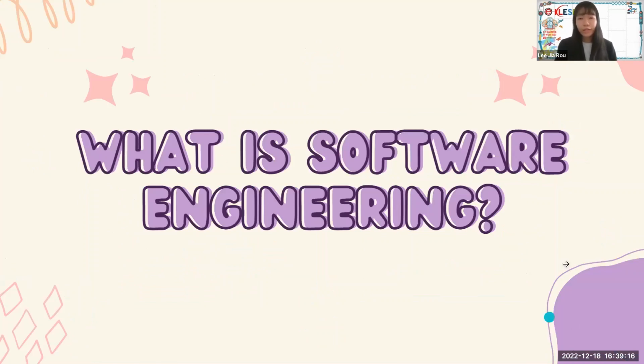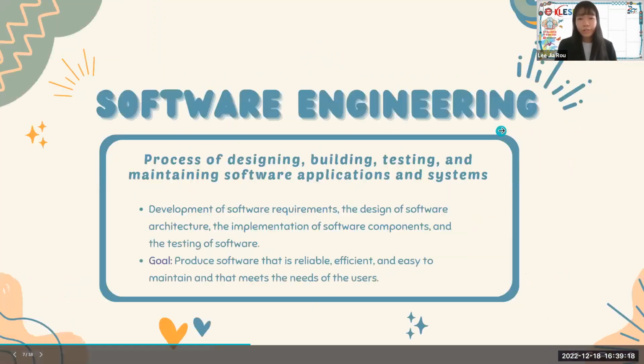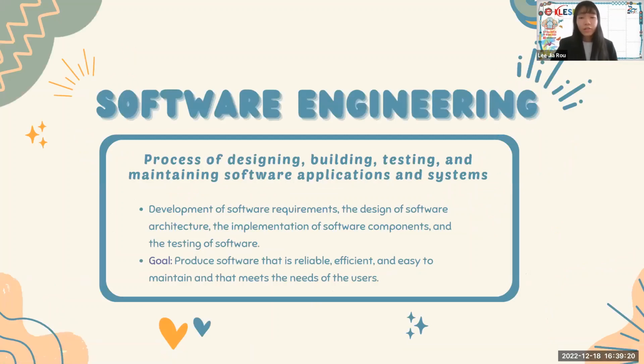Next, I will be talking about what is software engineering. Software engineering is a process of designing, building, testing, and maintaining software applications and systems. In simple terms, it is the development of software requirements and the design of software architecture.